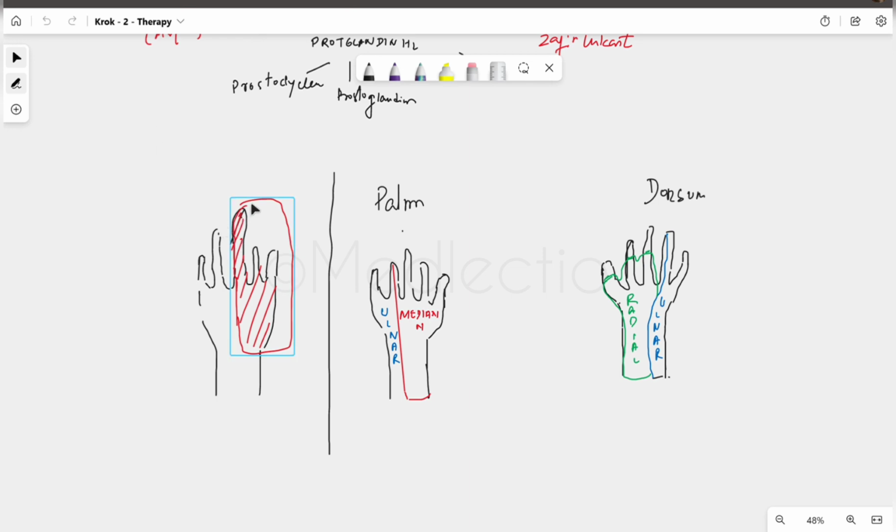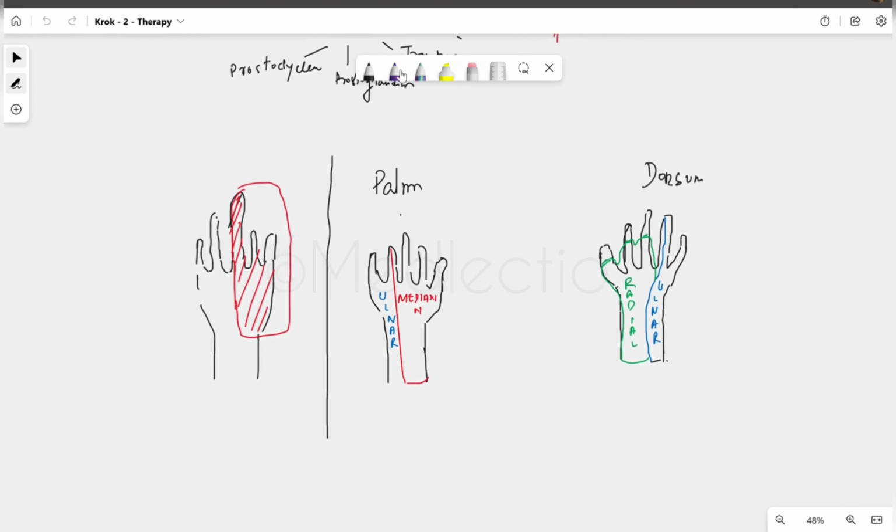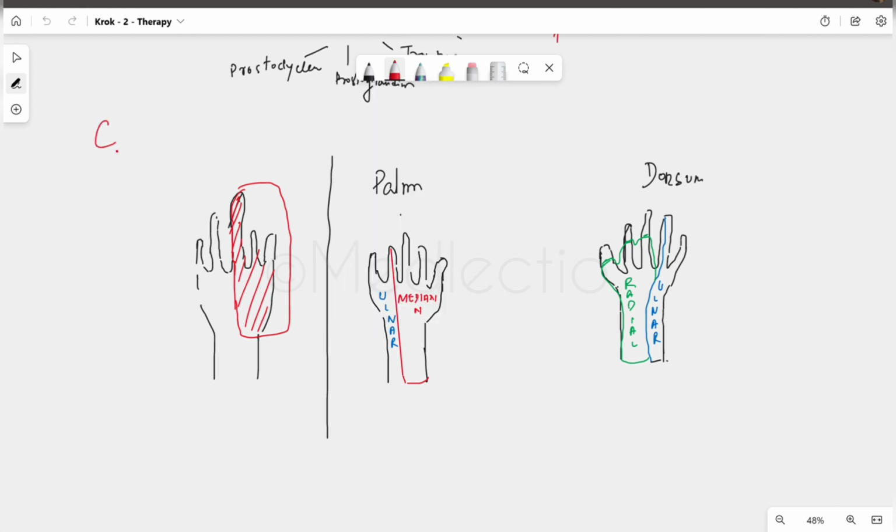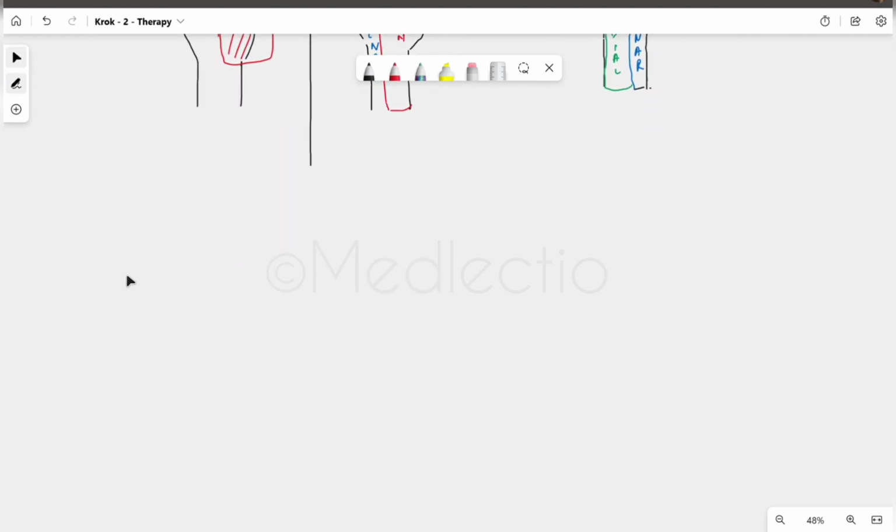So now we will see why this carpal tunnel syndrome happens. First we need to know what the carpal tunnel is.